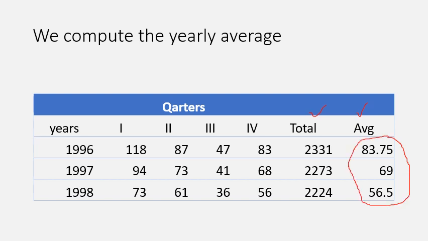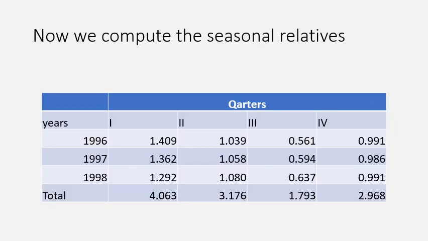Now, in the next slide, we will divide this row by this value, this row by this value, and the third row, 1998, by this value, and we are left with the seasonal relatives. Now you can see that I have already divided the values and have results.